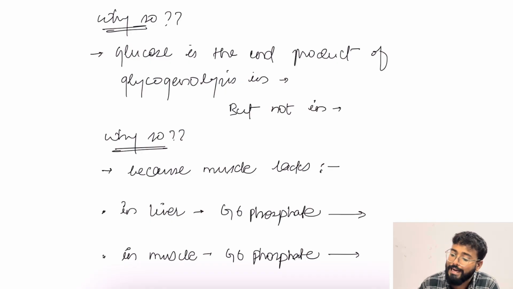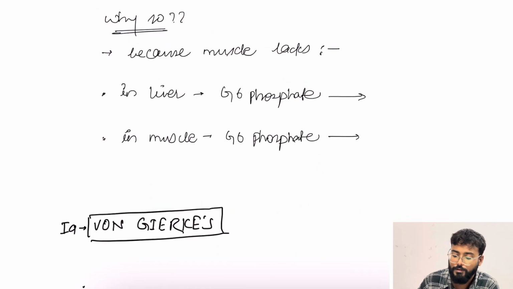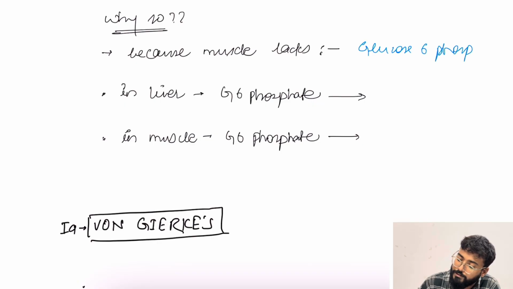So glucose is the end product of glycogenolysis in case of liver, but not in case of your skeletal muscle. In case of muscles, you know why? Because muscle lacks this enzyme glucose 6 phosphatase.